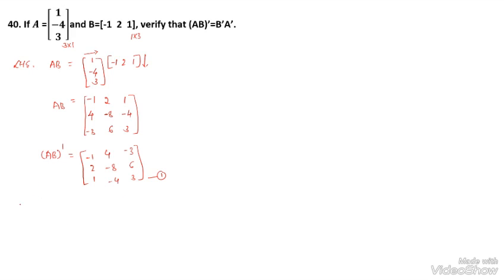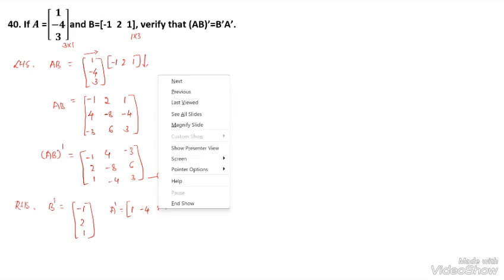Now I'm going to take the RHS part, that is B transpose. What is the B transpose? Taking row as a column: minus 1, 2, 1. And A transpose will be, taking column as a row, 1, minus 4, 3.